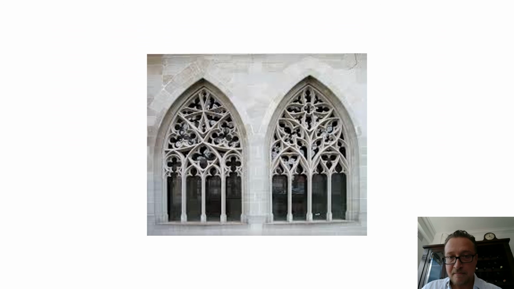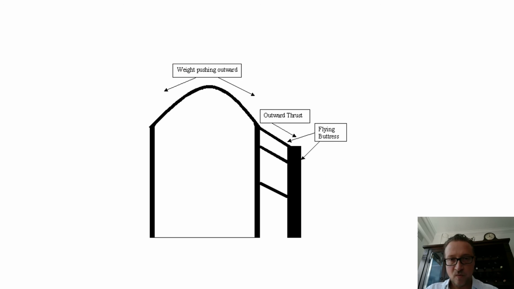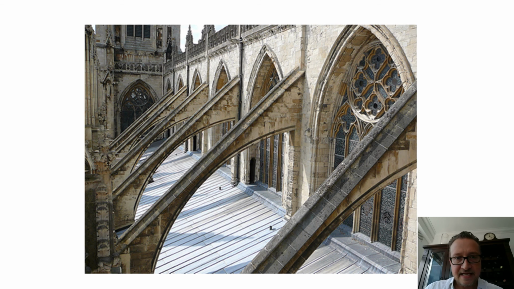Christian architects bring back from the Crusades the Gothic arch, which is pointed, and this allows a very different structure, because you have your weight pushing outwards, and the outward thrust is basically fenced off by a flying buttress. And this logic is much used by the medieval cathedrals.